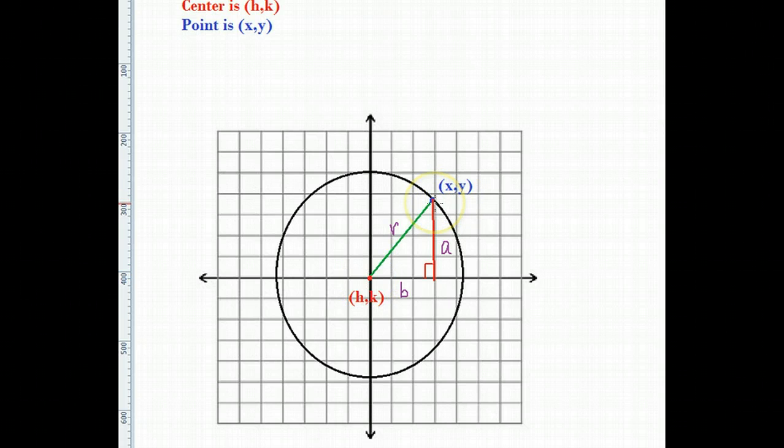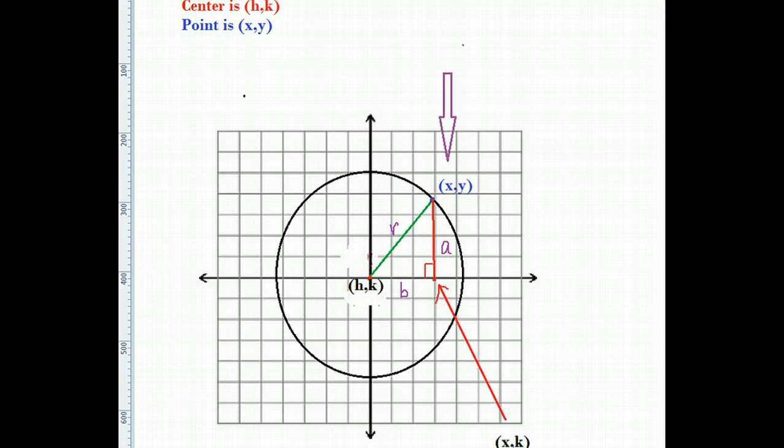So in a Pythagorean right triangle, a squared plus b squared equals, in this case, r squared. So how could we get the distance of a and the distance of b so that we can find r squared?